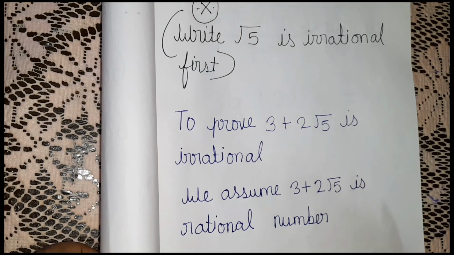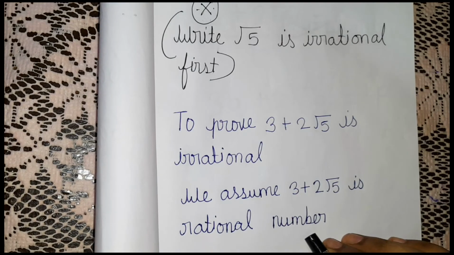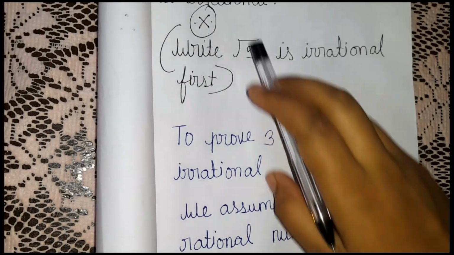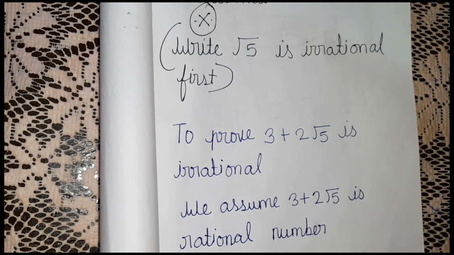So at the end of the sum, we just wrote that it is a contradiction. That means first, instead of taking irrational, we took rational. So at the end we told them that we didn't take the true statement, that is irrational. Instead we took a rational number.